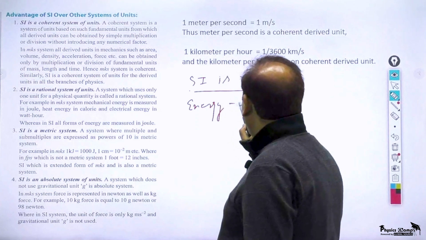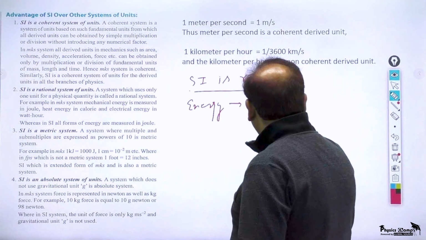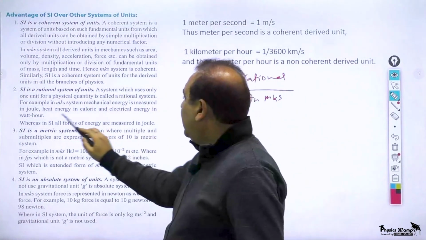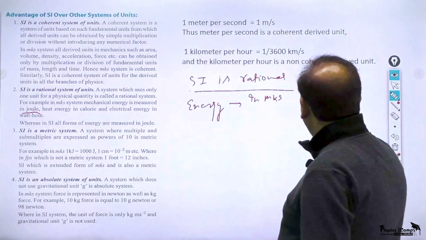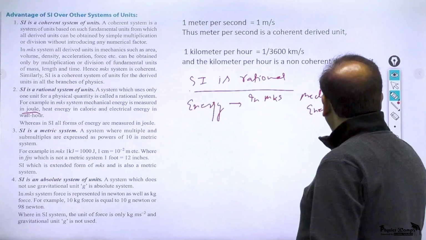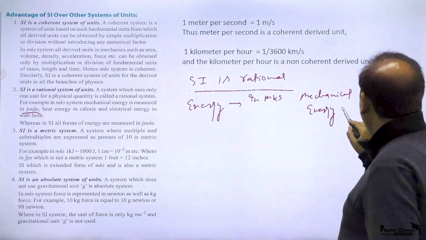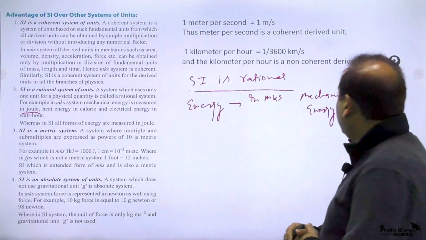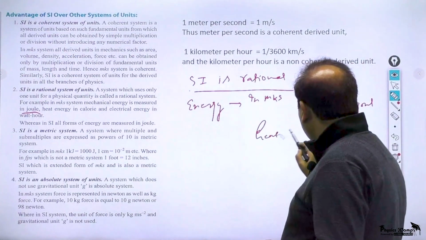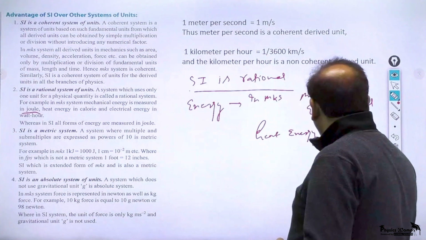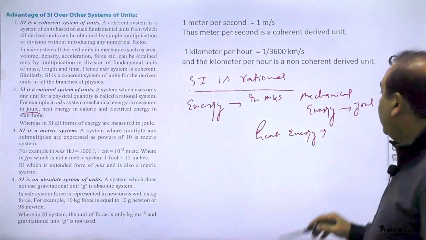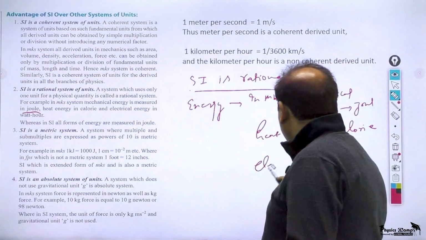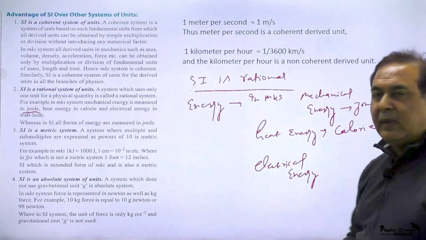In the MKS case, we have mechanical energy, and we represent its unit as joules. The unit of heat energy is calorie. The unit of electrical energy is watt hour.